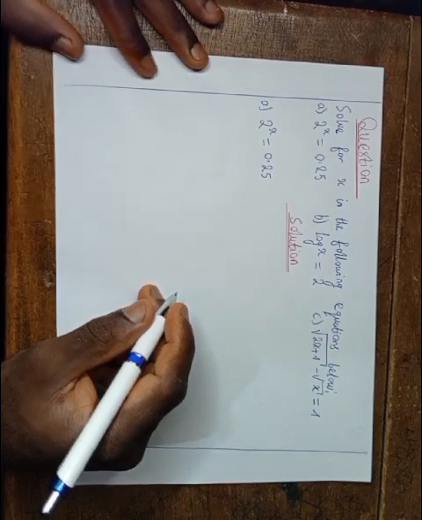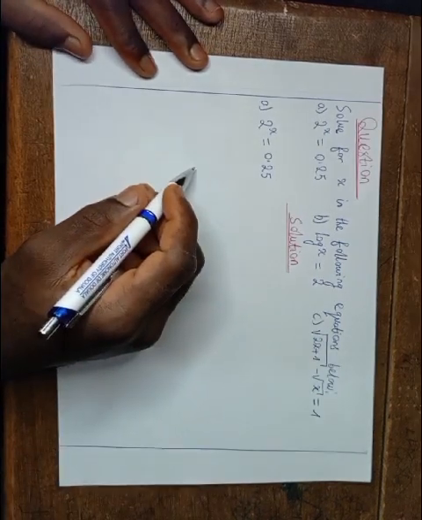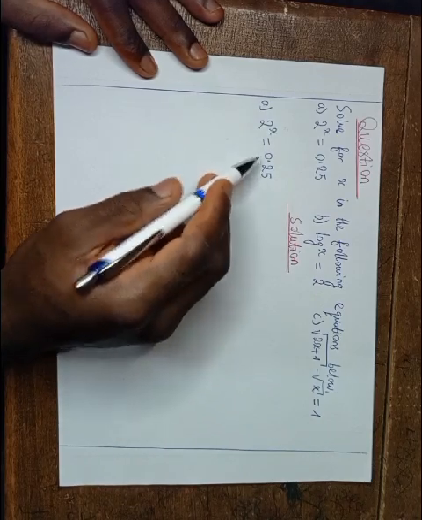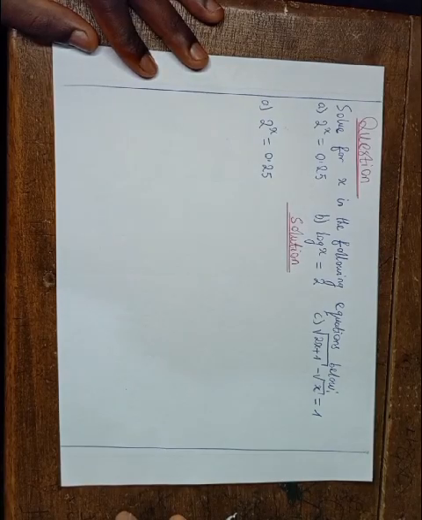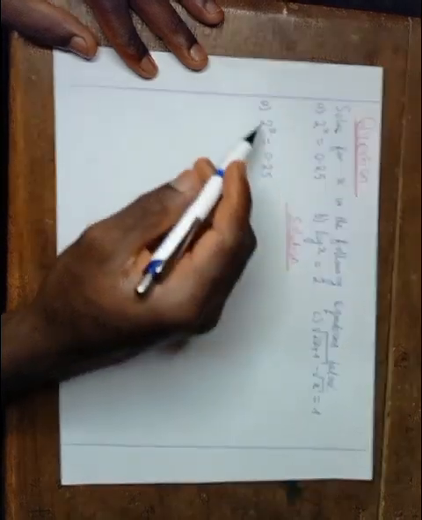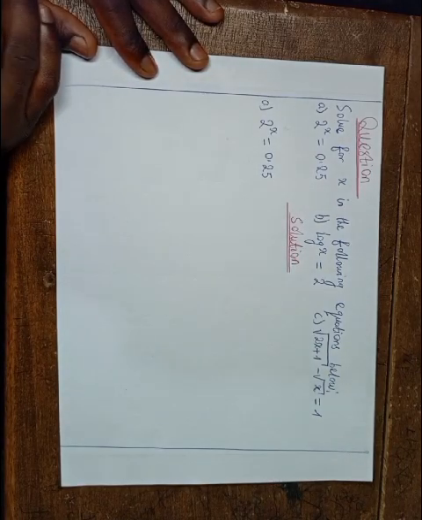For us to answer this question, the first step will be for us to express the number 0.25 at the right hand side in index form with 2 at the base. We need to express this number in index form with 2 at the base so that we can easily equate the powers.